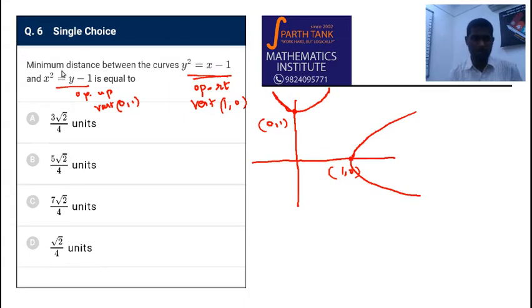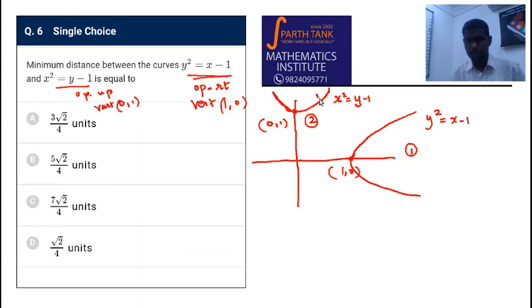Okay, now the question is, what is the minimum distance between these two curves? Now how to calculate? Remember, this parabola is x squared is y minus 1. This parabola is y squared is x minus 1. Let us call this the parabola 1 and let us call this the parabola 2. Now the minimum distance, remember, is going to be along the line which is the common normal to both these curves, right?